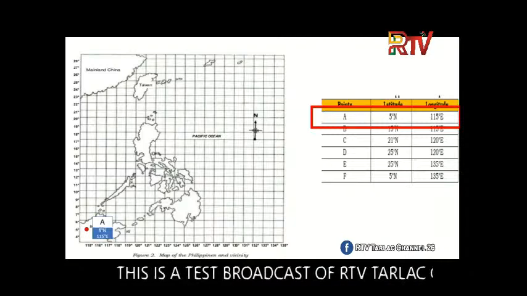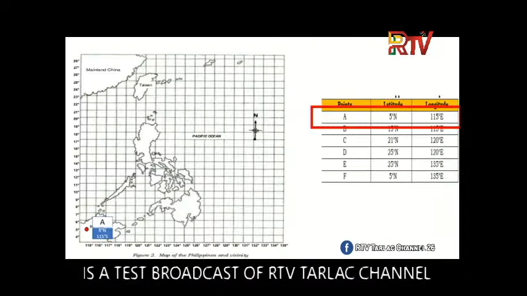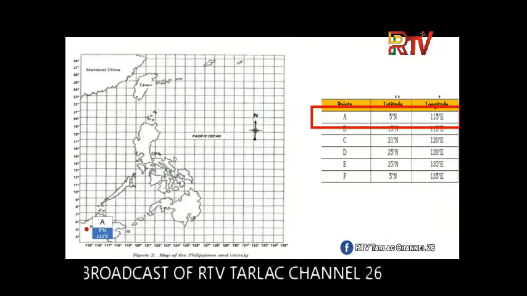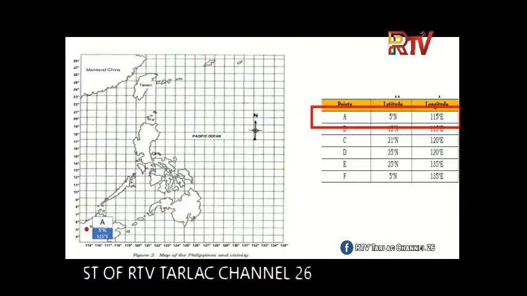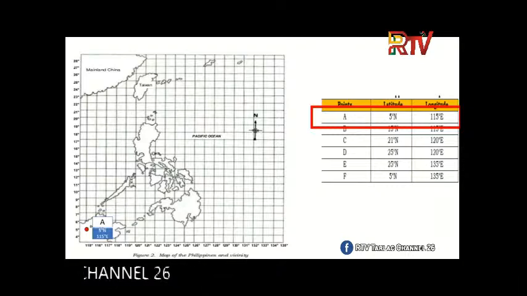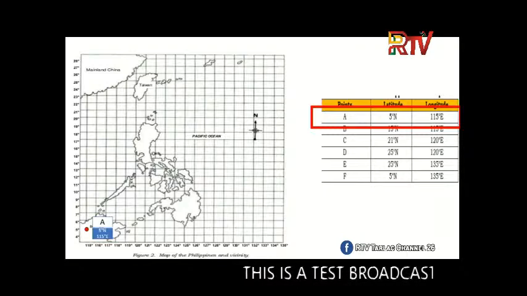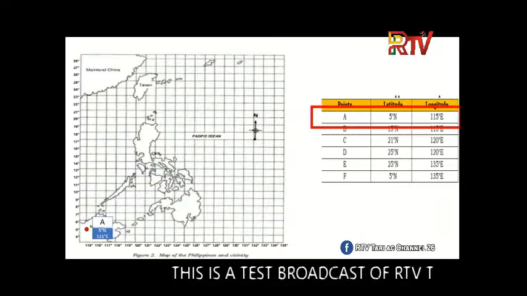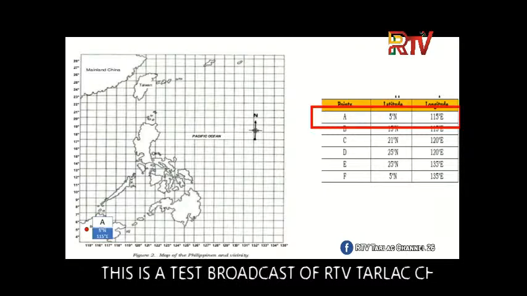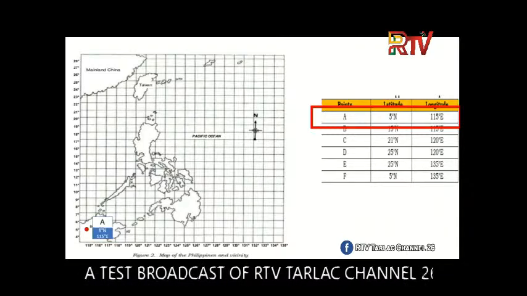First point, we will plot point A by writing a dot where 5 degrees north and 115 degrees east meet or intersect. Again, these are the coordinates: 5 degrees north and 115 degrees east. Can you follow, grade 8? Great!